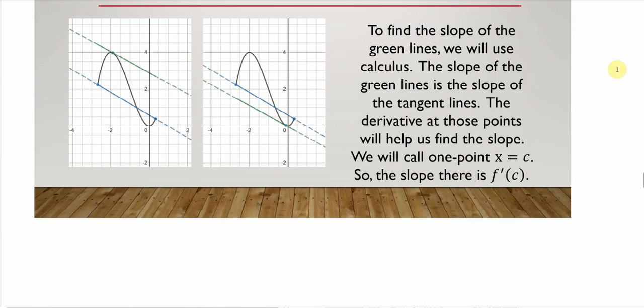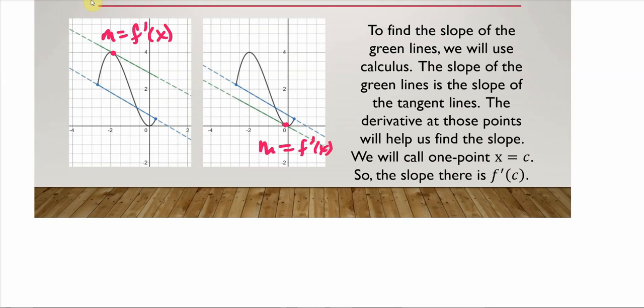Now, what about the slope here? Well, we've been using calculus, and I can find the slope there. All I have to do, using calculus, is find the derivative, right? So that means my slope here is going to be f prime of x, and my slope here is going to be f prime of x.